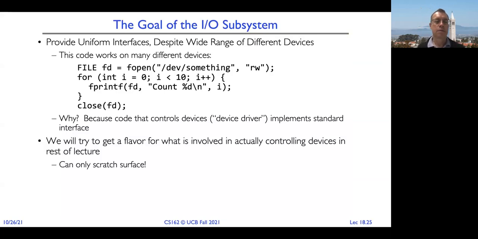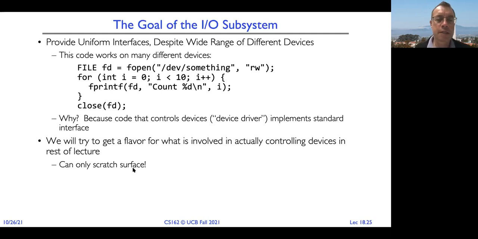Okay. So the goal of the IO subsystem is to provide a uniform interface. A uniform API means that the code you wrote for one particular device should work, potentially with very minimal changes, for other devices.